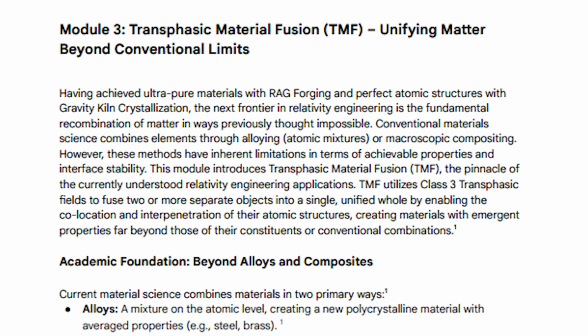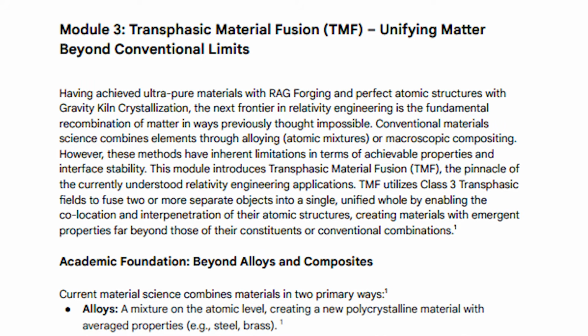Module 3. Transphasic Material Fusion, TMF, Unifying Matter Beyond Conventional Limits. Having achieved ultra-pure materials with RAG forging and perfect atomic structures with gravity kiln crystallization, the next frontier in relativity engineering is the fundamental recombination of matter in ways previously thought impossible.